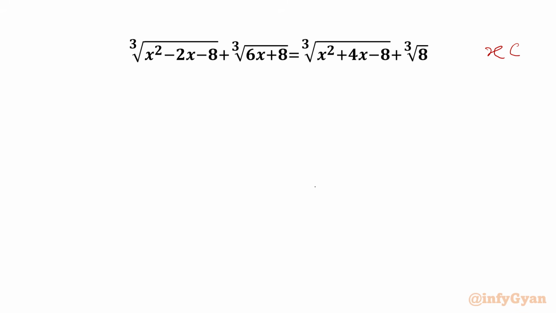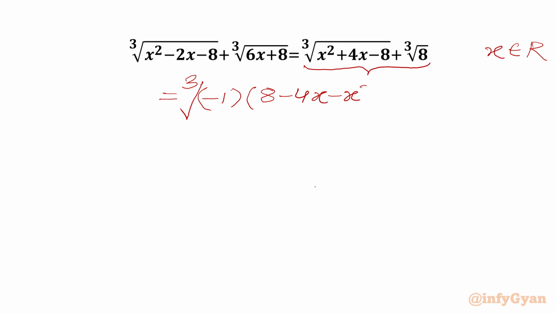So let's get started by rewriting our RHS, which will be equal to cube root of. Let's take -1 common. So in the other bracket, we will write 8 minus 4x minus x square. Then we have cube root 8, which we can write as cube root of 2 cube. 2 cube is 8.